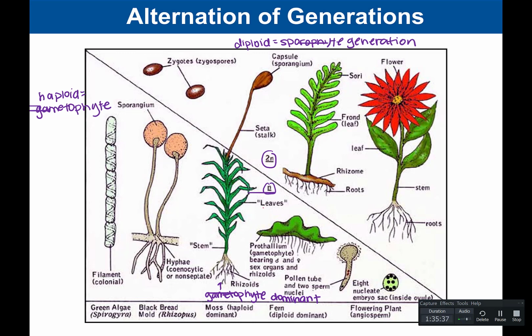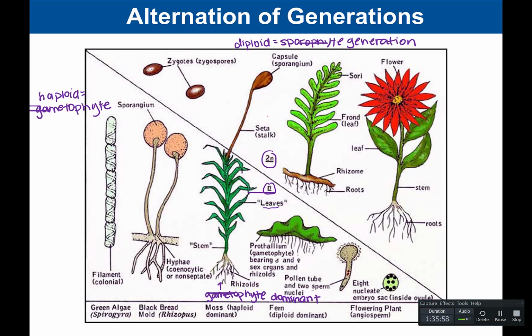So notice that in this case, what we call the leaves in a moss is haploid. Those cells are actually haploid. This top structure, which is called the sporangium, is the diploid part. But the bulk of the plant in the moss is part of the gametophyte generation.